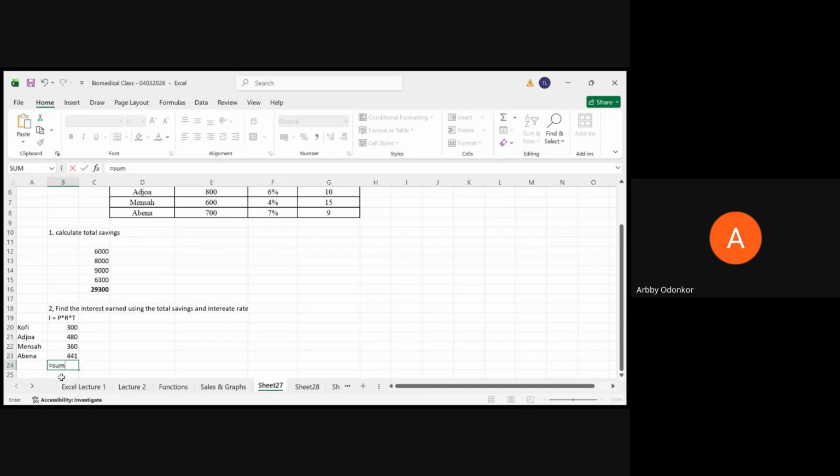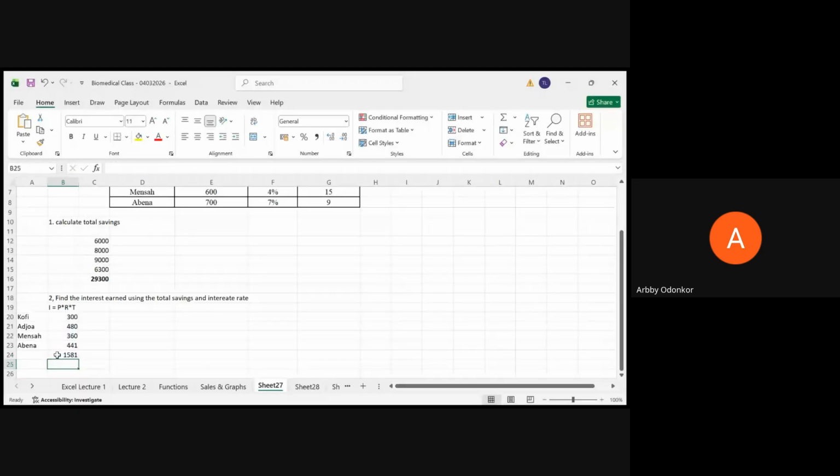Okay. So we go to equals sum, or you can also use the summation sign. We learned about it the last time. You can also drag it into the empty space and it calculates it for you. But this one, let's do the formula. We drag it here, that is from B20 to B23.